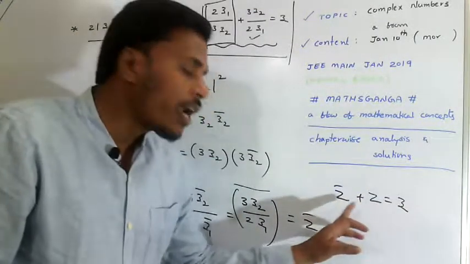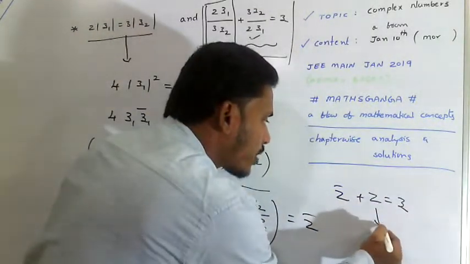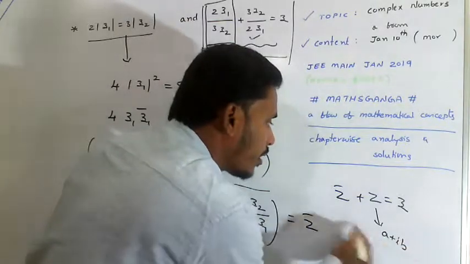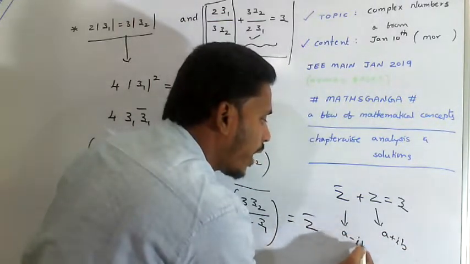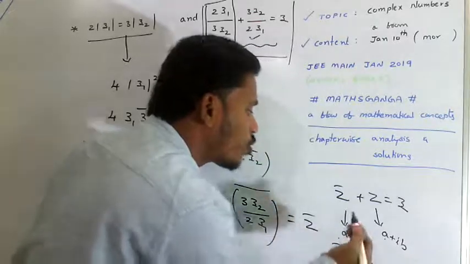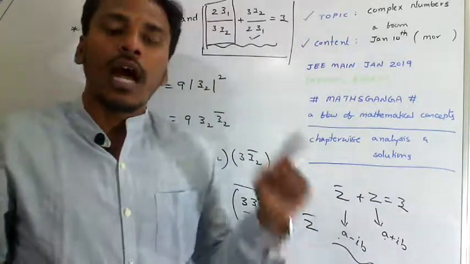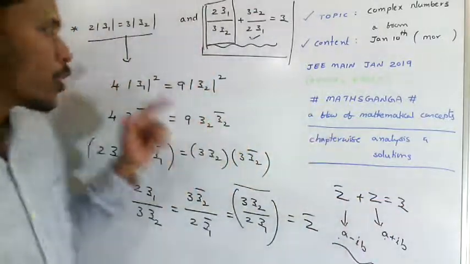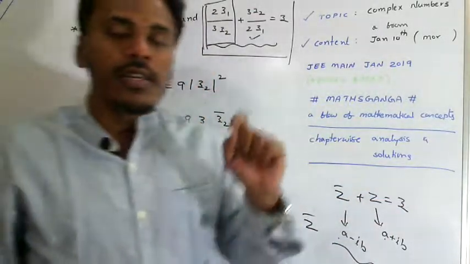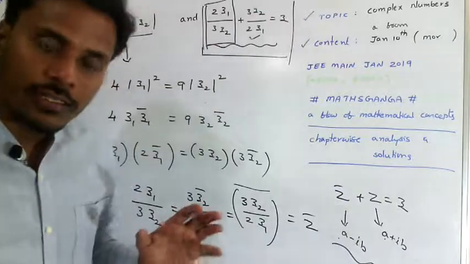A complex number and its conjugate: if this complex number is some a plus ib, then its conjugate is a minus ib. Sum of these two is 2a, which is purely real. So z is purely real and its imaginary part is 0. So the correct option for this question is: imaginary part of z is 0.